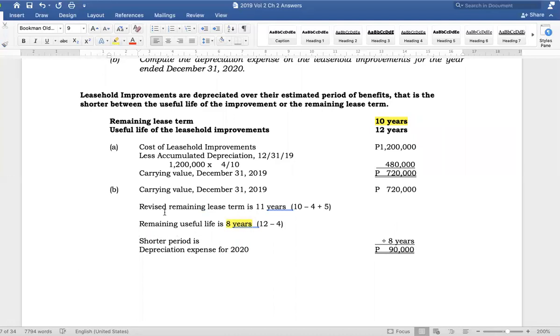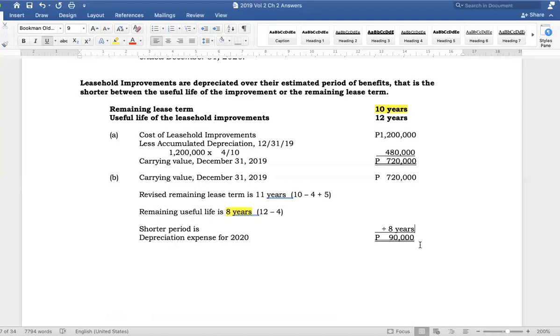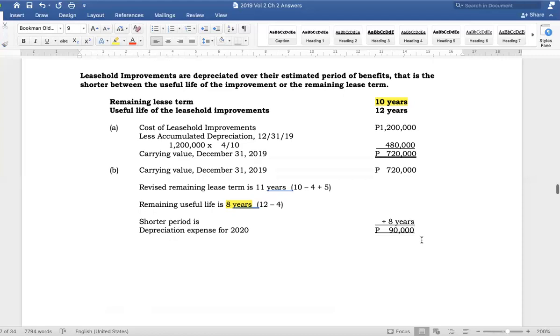So the remaining carrying value of the leasehold improvement will now be depreciated over the shorter period of 8 years. So 720,000, which is the carrying value at January 1, 2020, will now be depreciated over 8 years. Therefore, your depreciation expense for 2020 and onwards is 90,000.